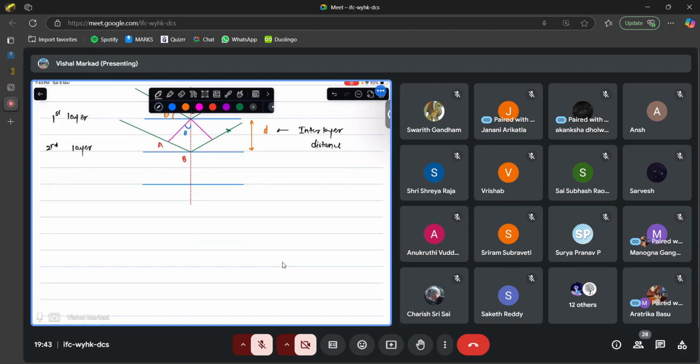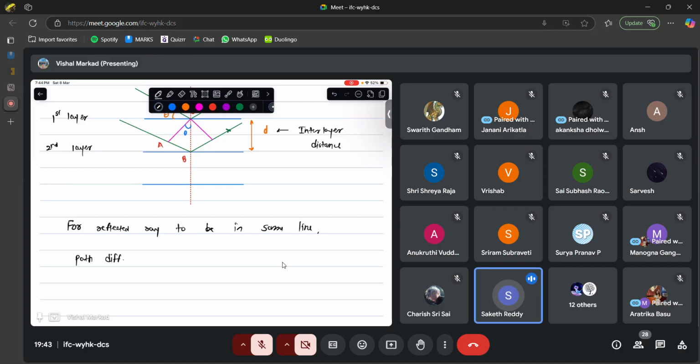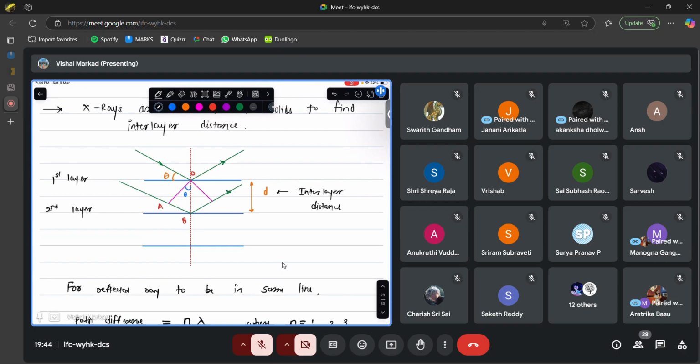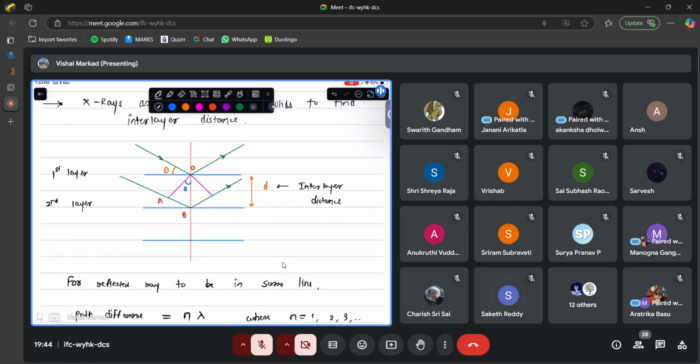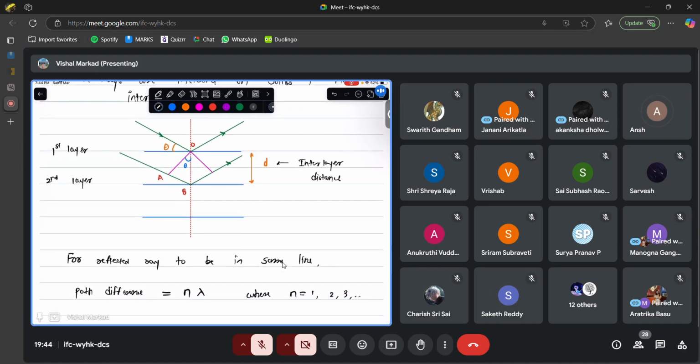So can I write down here, for the reflected ray to be in the same phase, path difference should be multiples of lambda. So can I write down n lambda, where n can be 1, 2, 3, right? Okay, clear this point? Yes, sir. Point is clear. Yes.